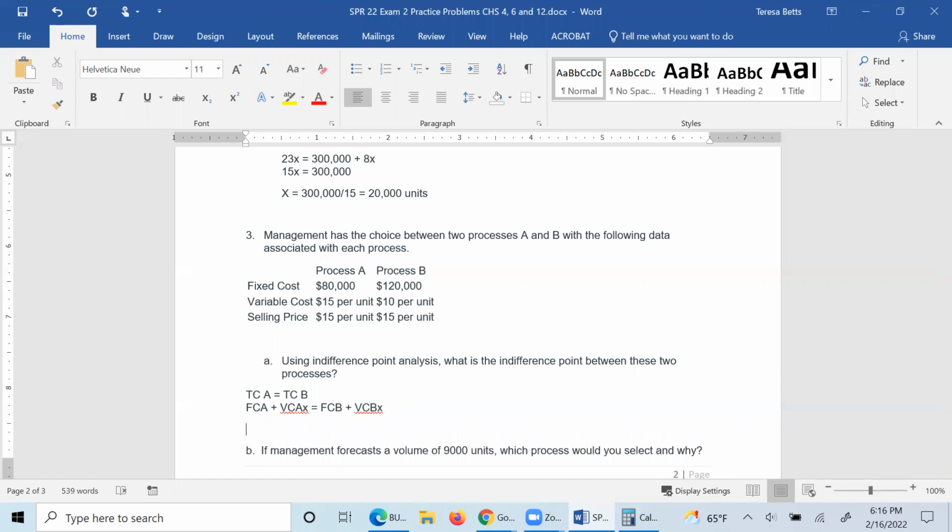So in this case, our fixed cost of A is 80,000 plus 15X.